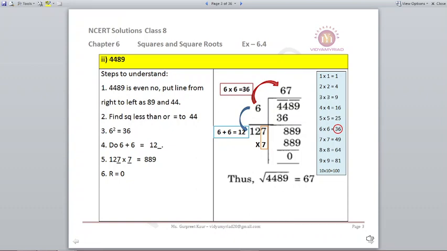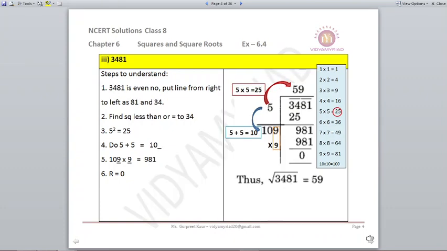Either it is 3 3s are 9 or it is 7 7s are 49. So I want 889. So I can try with 127 into 7. I will get 889. Remainder gets 0. So square root of 4489 comes at 67.